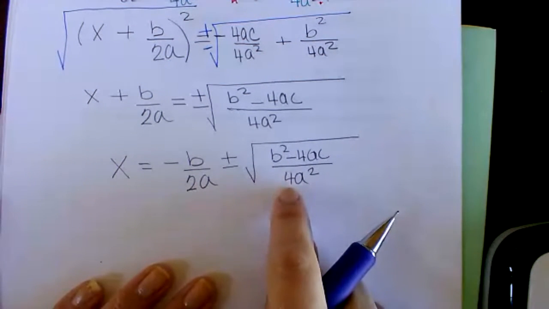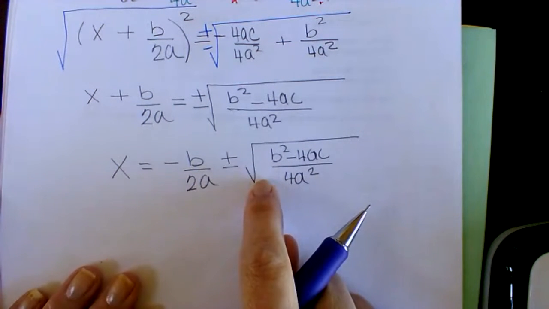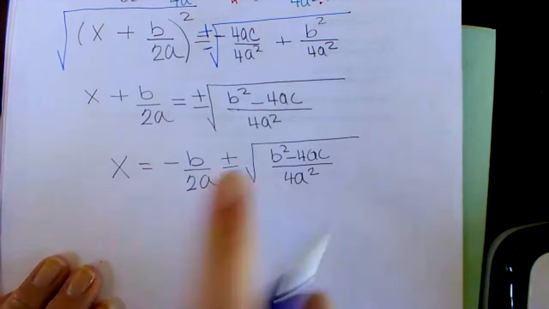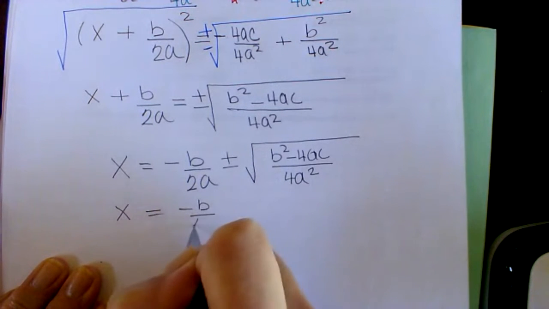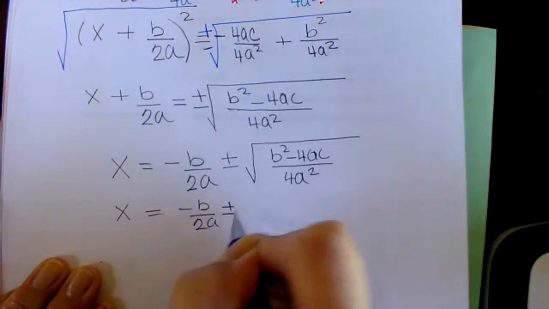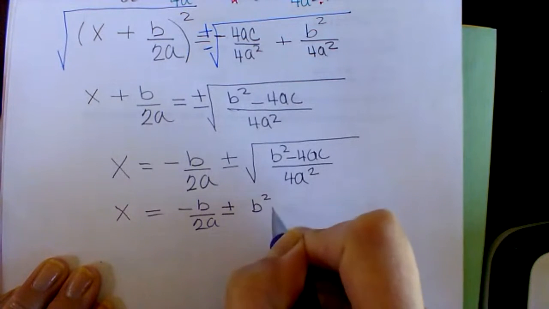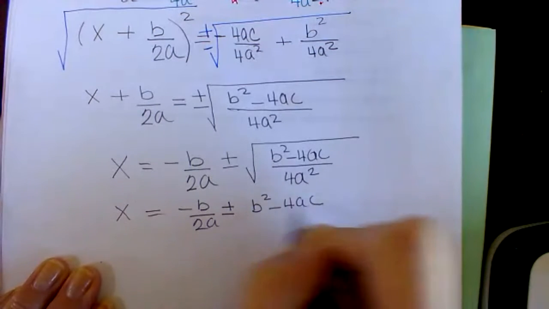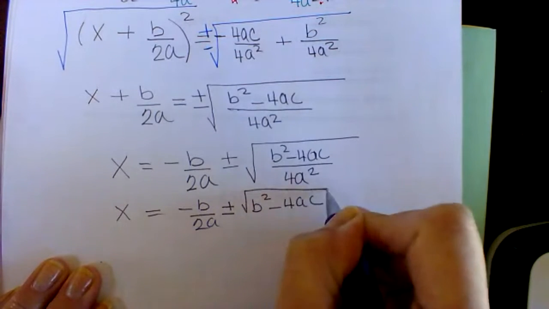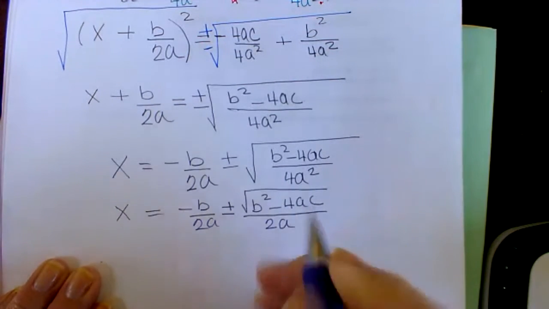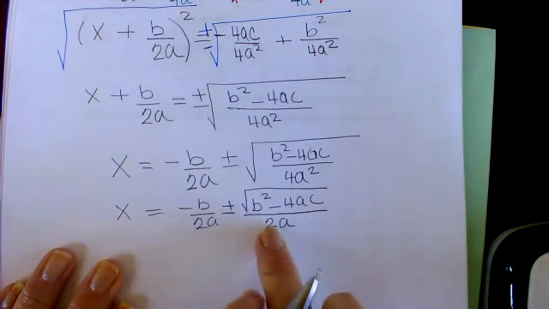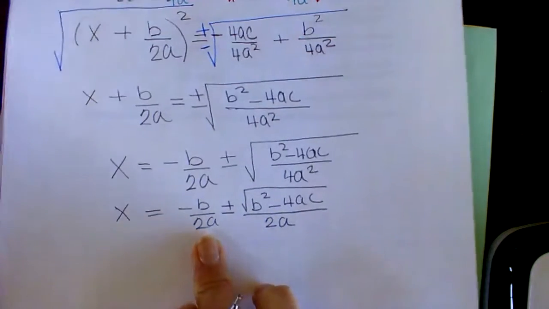All right. Now, I could get this 4a squared out of the square root. So let me do that. Plus or minus, so b squared minus 4ac is the only part that is going to have the square root, and this is going to be divided by 2a. So what do I notice? They have the same denominator.